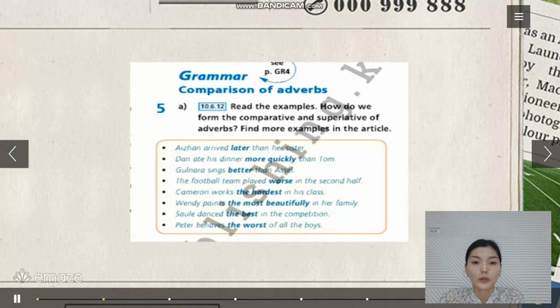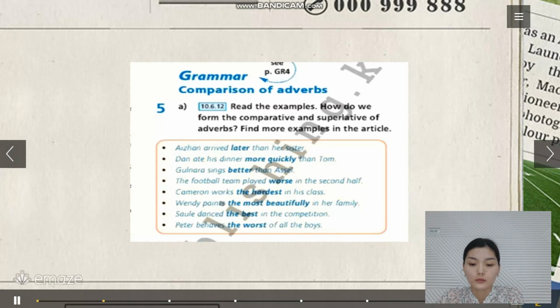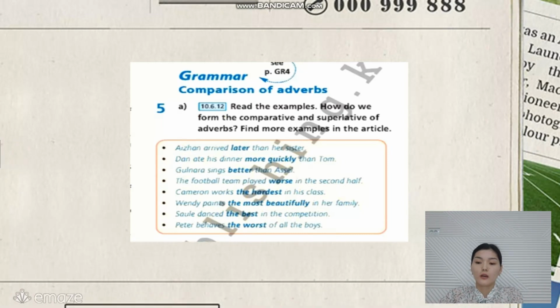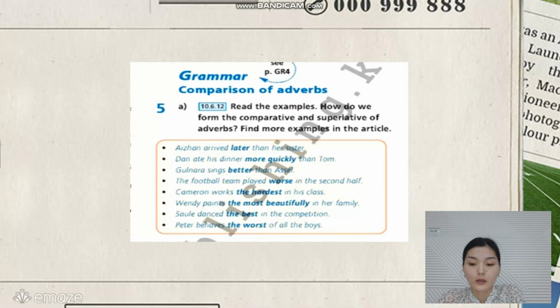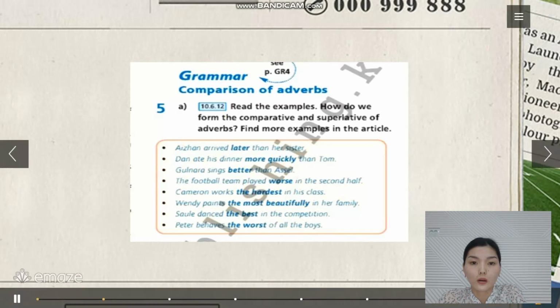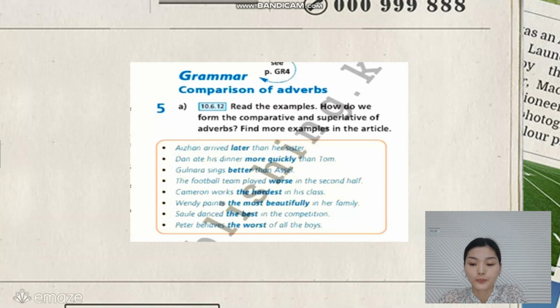It's a comparative because we have in this sentence the word later. If you remember the structure, here we add the er suffix to the word, and we have than, and it's a comparative form. The meaning of the sentence is that her sister came earlier than Ayjan.